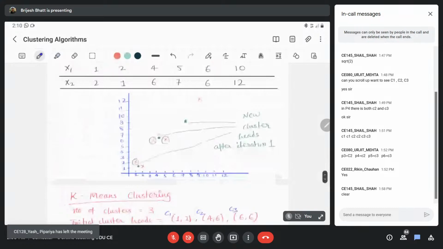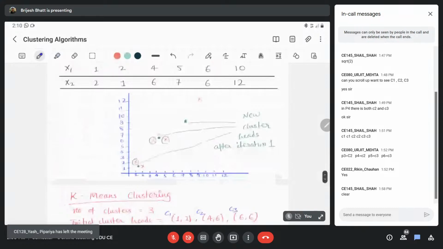Now we calculate the distance or similarity between every pair of data points. There are many similarity measures. The one which we like is called cosine similarity. Let's try cosine similarity. Cosine of P1, P2 is the dot product P1.P2 divided by the norms of P1 and P2.